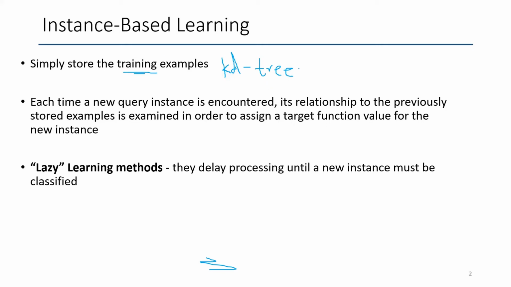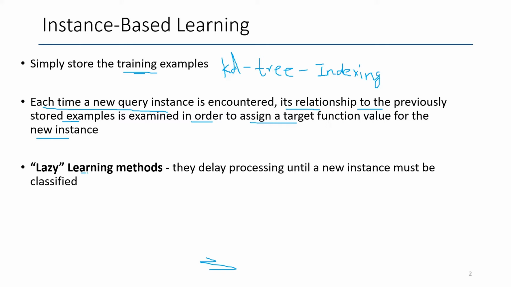So here we are indexing our training examples, and that's why our searching becomes efficient. For each new query instance, we find the relationship to the previously stored examples in order to assign the target function value for the new instance, right?